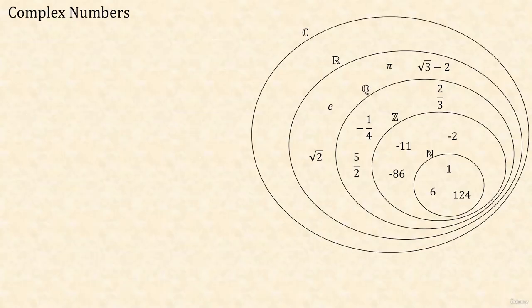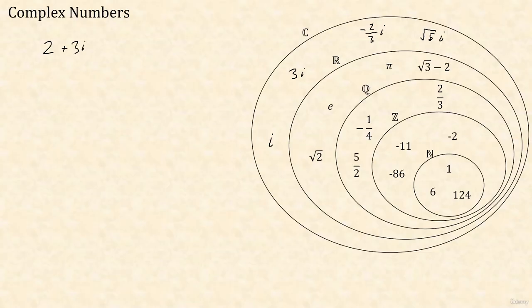So we call this set of numbers that we have to add in the complex numbers. And complex numbers are just any numbers that include at least some imaginary part. So for example, i, the square root of minus 1, that's a complex number. But so are other ones like 3i or minus 2/3 i or root 5i. And so are ones where we have combinations, like imagine the number 2 plus 3i.